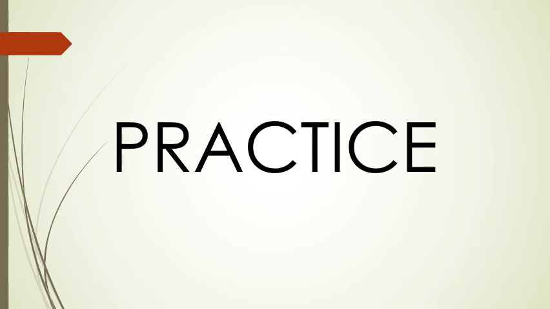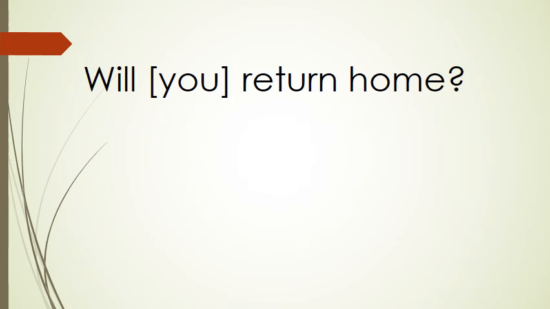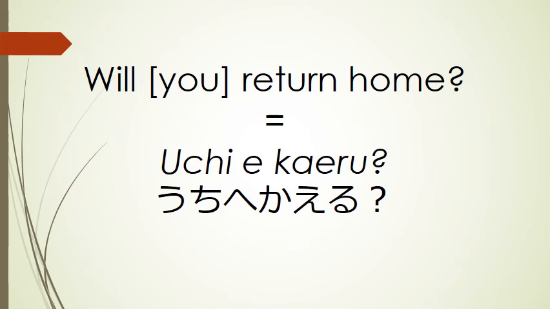All right, now we're going to practice making some sentences using short form. Remember, if I show a word in brackets, it means that I want you to omit it when you translate the sentence to Japanese. Will you return home? Uchi e kaeru.